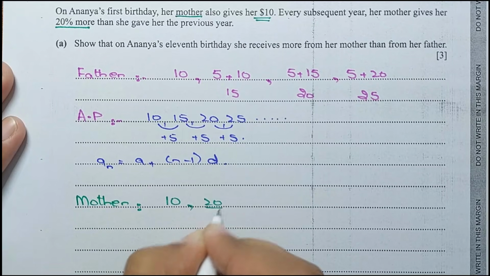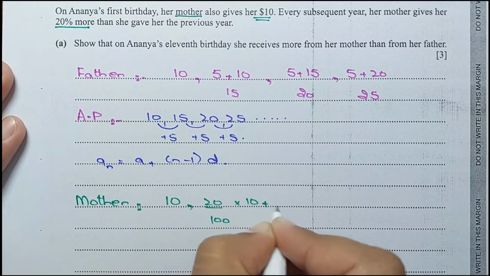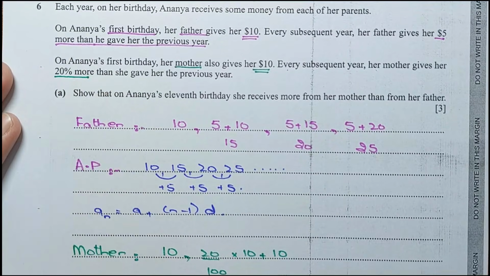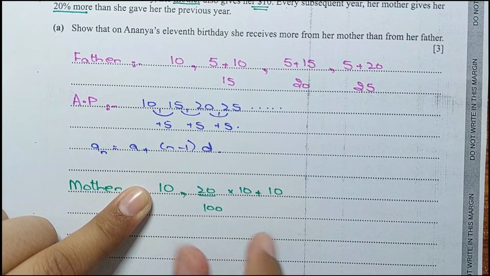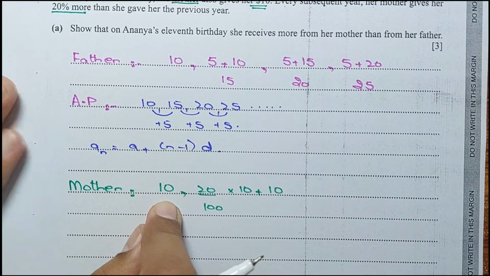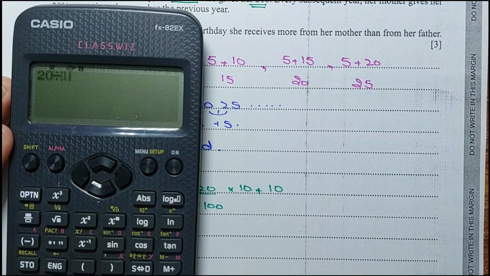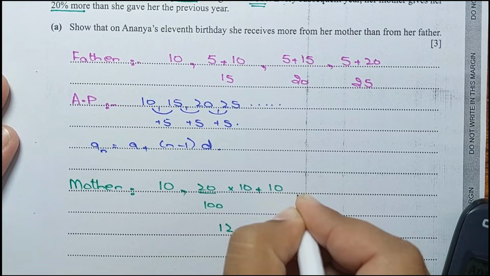We need to find 20% of the previous year plus this amount added to the previous year. 20% of 10 added to 10, that is 12.